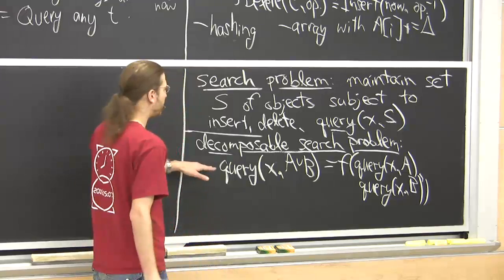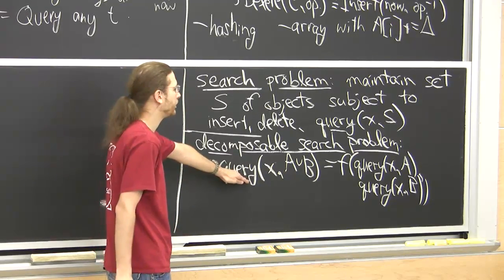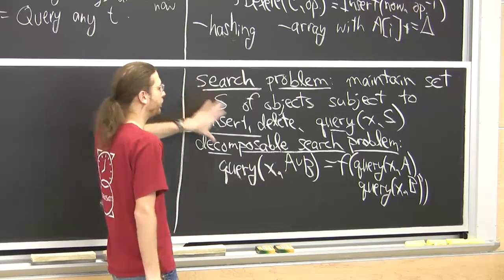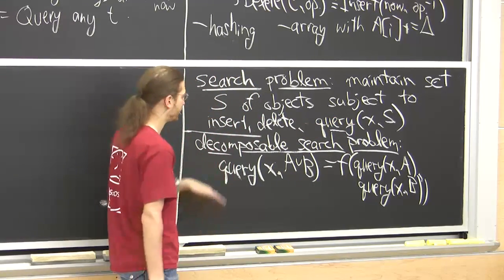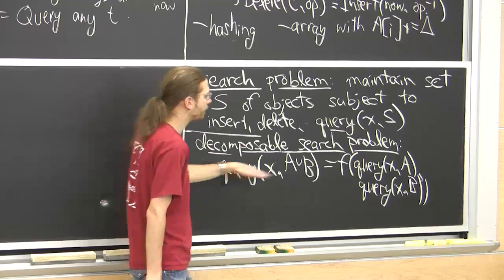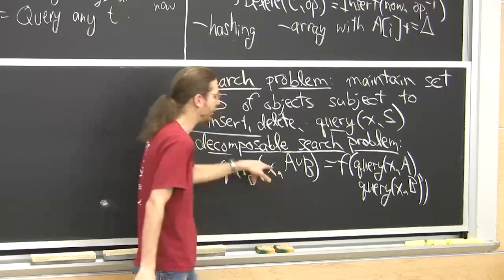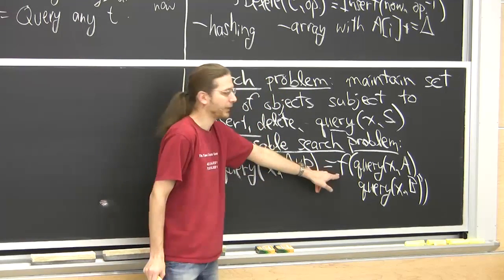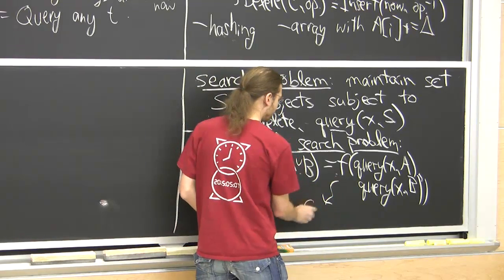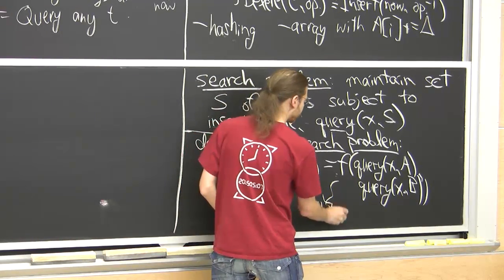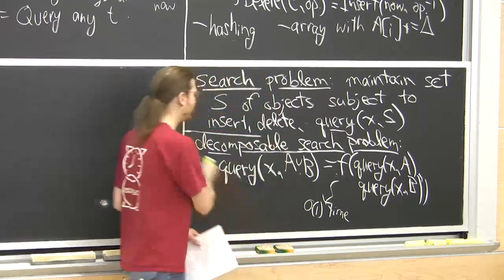This is a constraint on what the query is. The problem is still this. I still want to do a query on the entire set, but I just know this fact that if I could somehow solve the query on smaller sets, I could combine them into the union using this f function. Let's say this can be computed in constant time. That's a decomposable search problem.